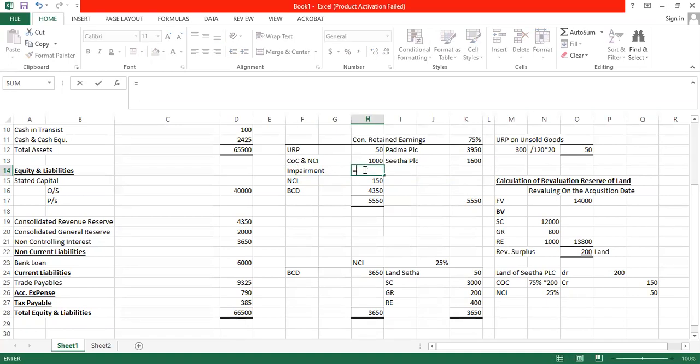Impairment 1,000. So you have to deduct that 1,000 from your balance. If so, it balances. So your consolidated retained earnings balance will be 3,350. So it's balancing.